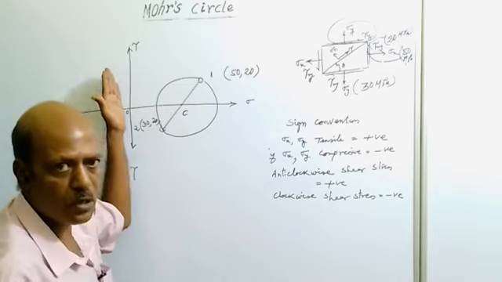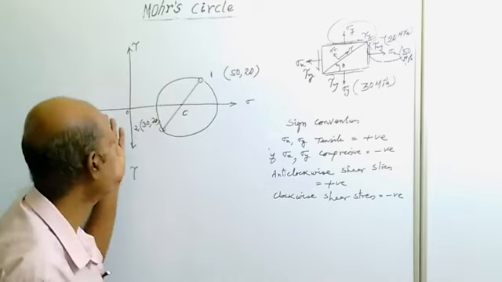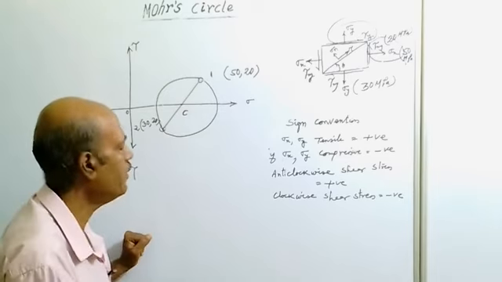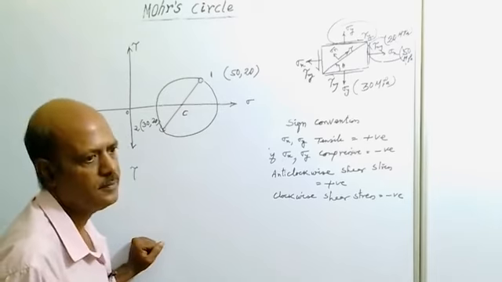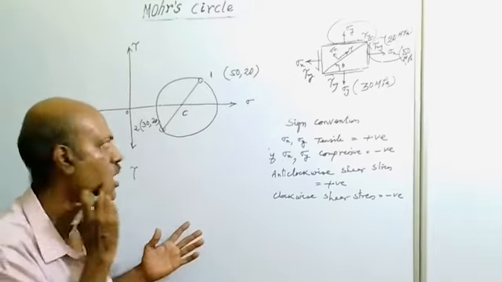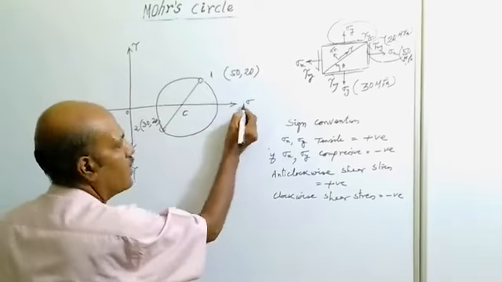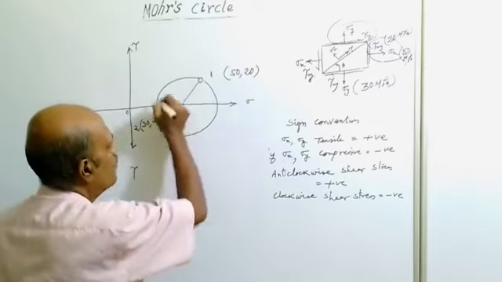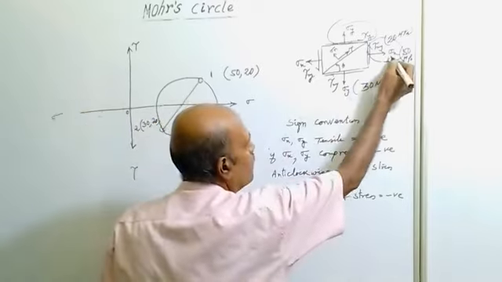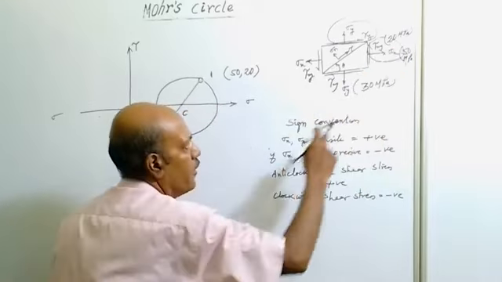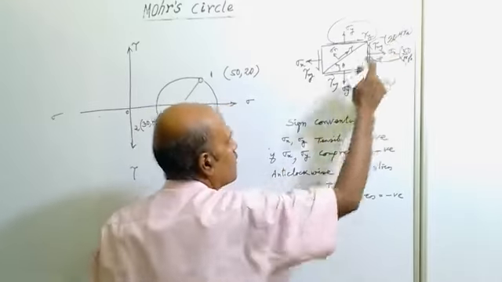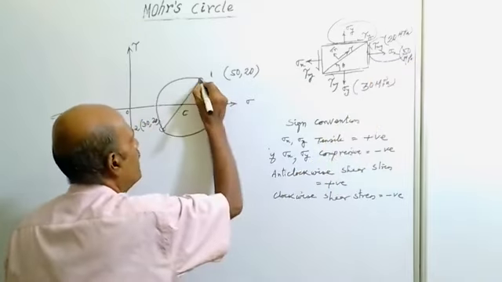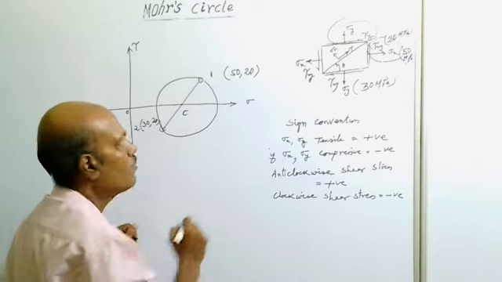So first step we have drawn the axis. Second step we have drawn the circle. Third, we will find the x direction. So to find the x direction, this is the sigma direction. Where is the x direction? In this we will find where x face point is plotted. The stress system on x face is plus 50, plus 20. So this point is the x face point.